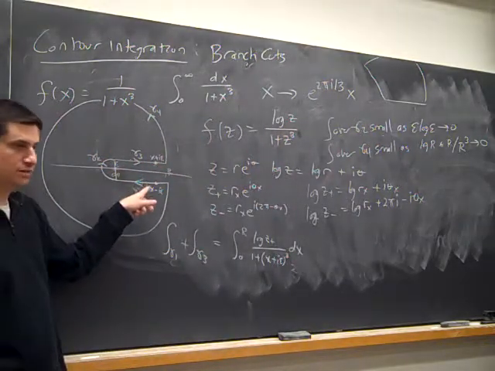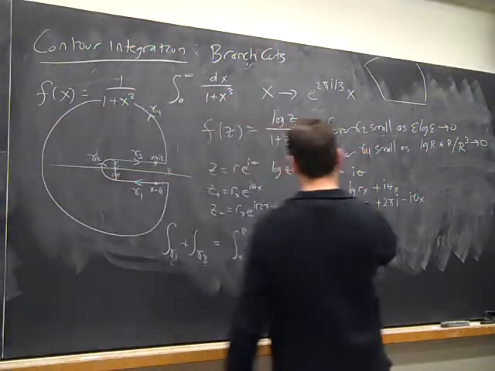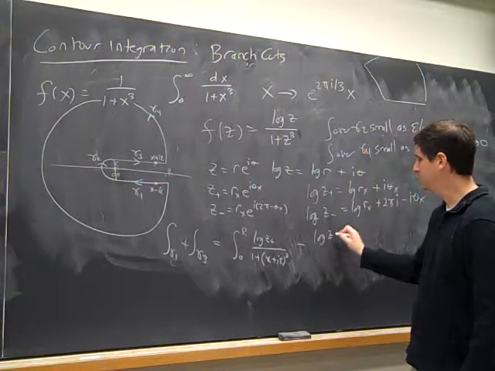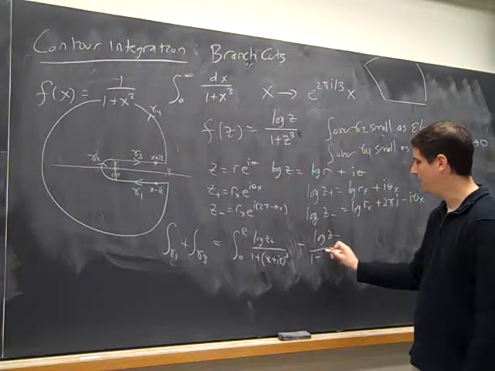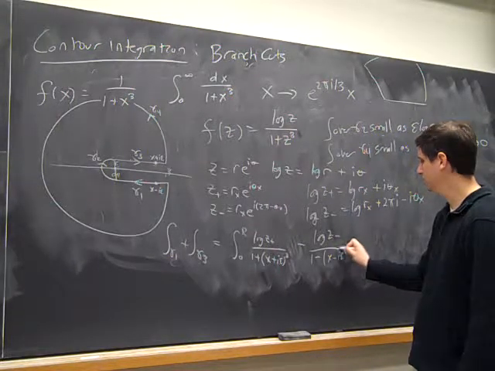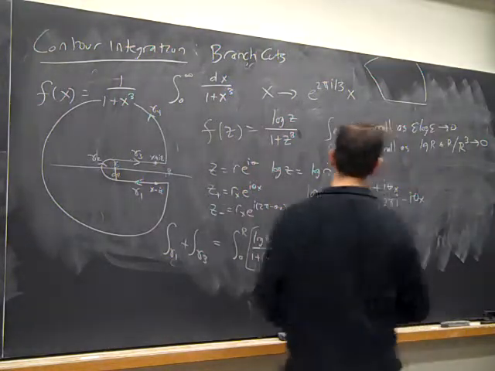Now, over here, I have a minus sign because I'm going in the wrong direction. So I'll actually subtract off the log of z minus over 1 plus z, where z is x minus I epsilon, cubed, dx.